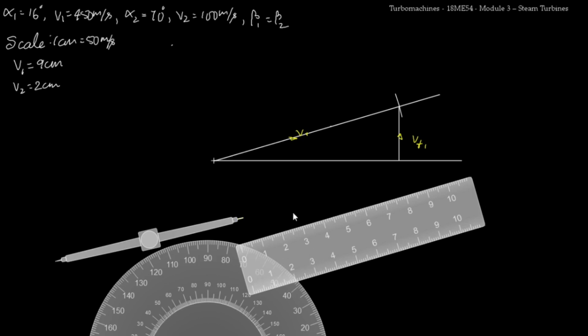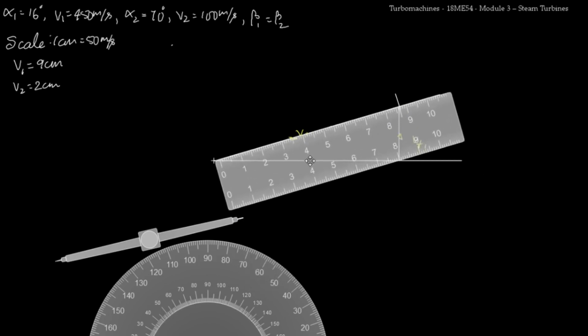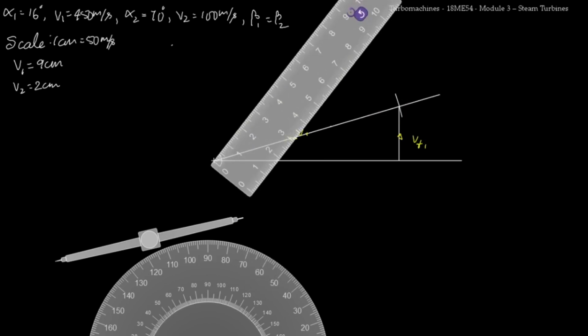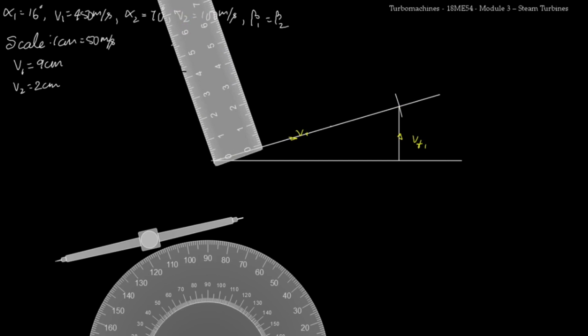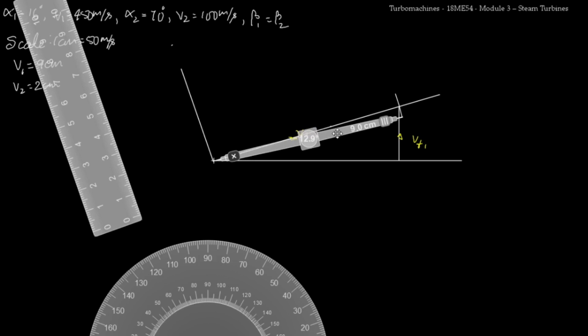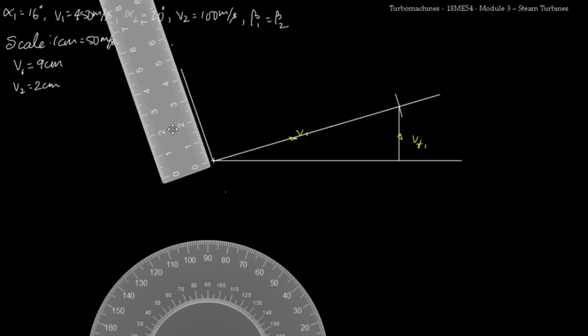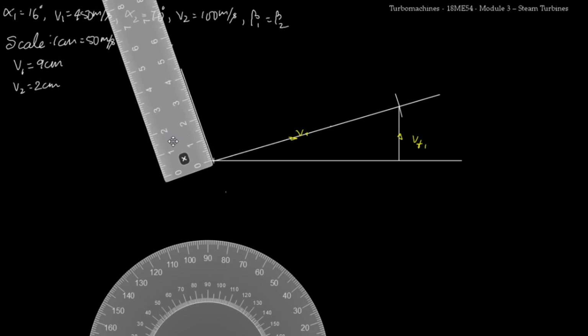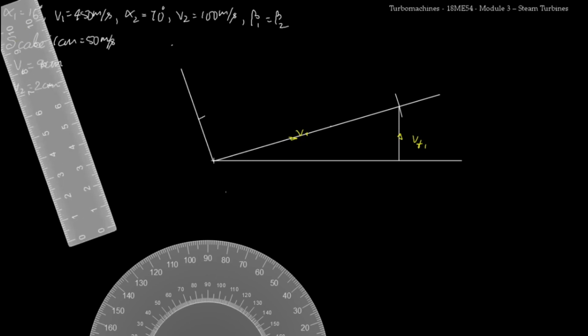So I'll place the ruler over here. I'll mark 2 centimeter with the help of scale itself. Now from this point I'll draw a vertical line.